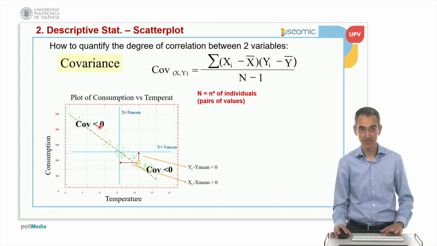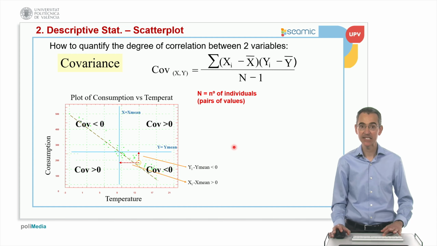And the same happens for all the points which are in this sector. So that corresponds to negative covariance. But for the few points which are here, the covariance is positive, and for the few points which are here, the covariance is also positive. Then, when we make the sum for all the points, the covariance is negative.